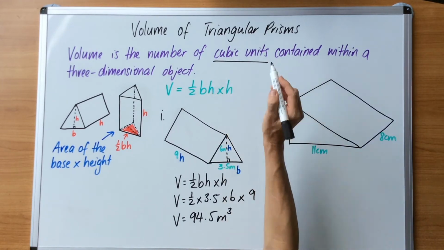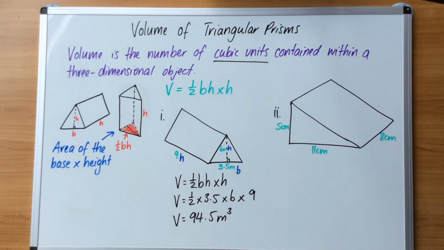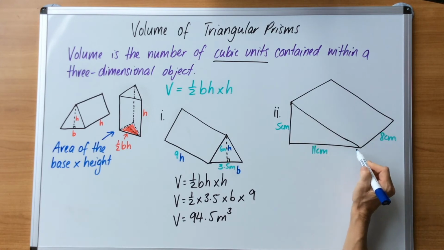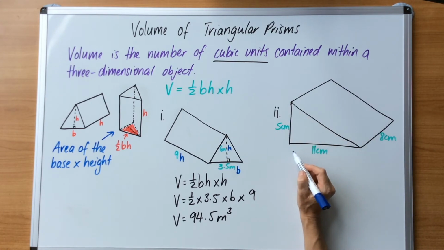Okay, so cubic units. The one on the right here is just a different type of triangular prism, a different shape, but we can still identify the base and the height again. So let's have a look here. We have a triangle that's sitting in front of us here. And to be honest, it's probably a right angle triangle.